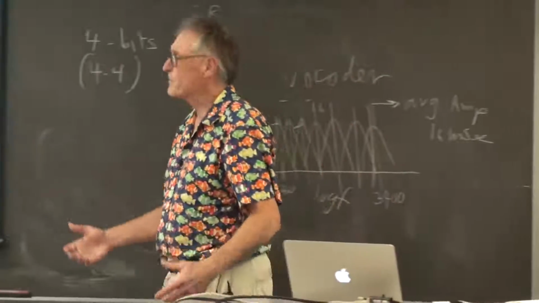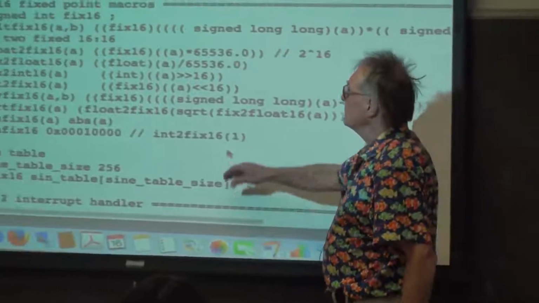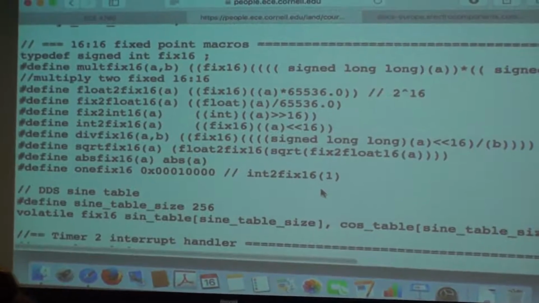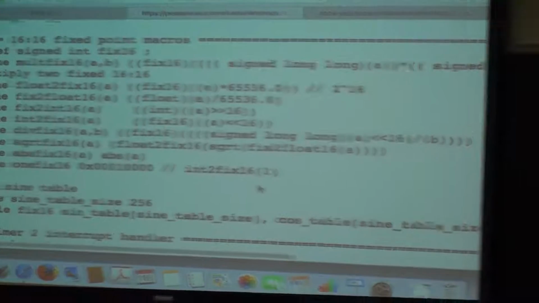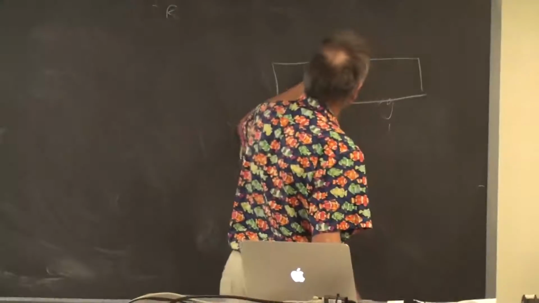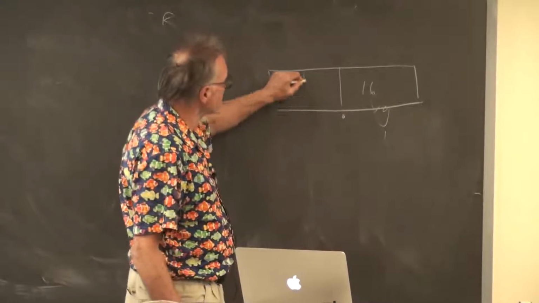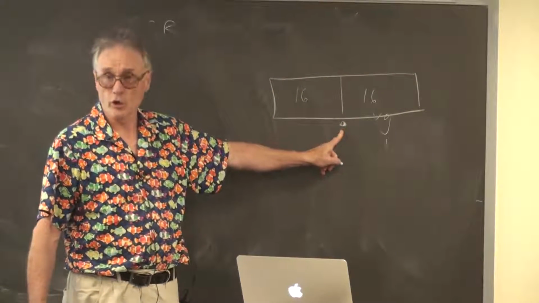It was probably not optimal, but it's faster than the floating point. The format, this is just a teaser for next time. The format that we're going to use is 16.16 fixed point, a 16-bit integer with a 16-bit fraction, with the binary point halfway through the word.